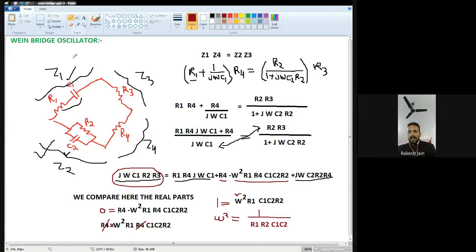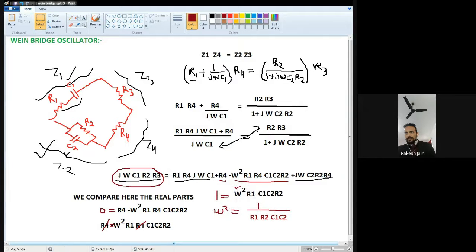And what is omega? When the square root of both the right hand side and left hand side is taken, then the square on the left hand side goes away.